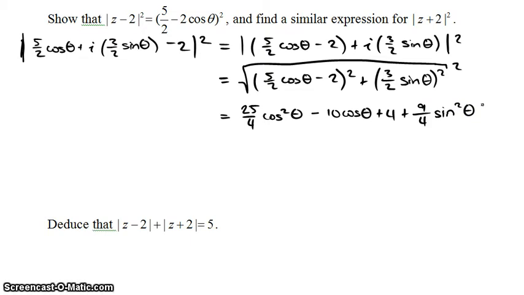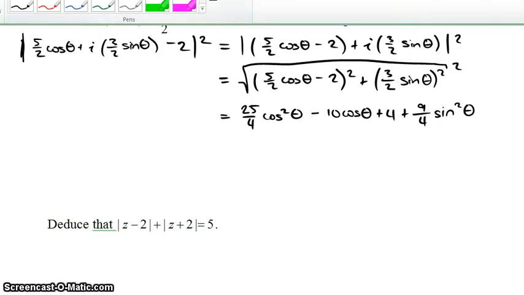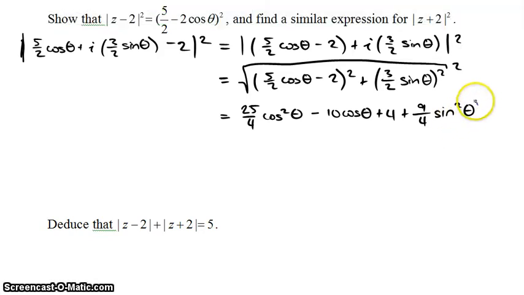So this doesn't look like anything helpful just yet, but what am I going to do? Well, I'm going to use the identity that sin² θ is equal to 1 − cos² θ. So if I do that, what do I get?